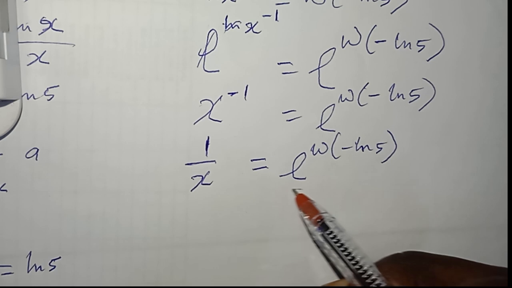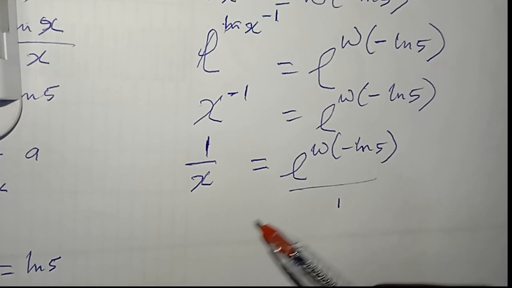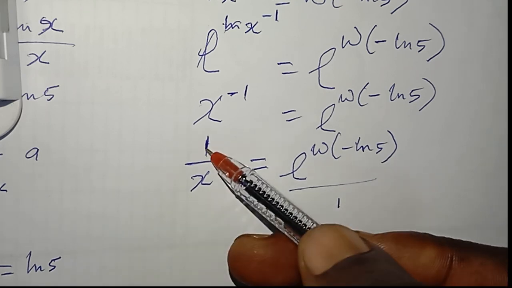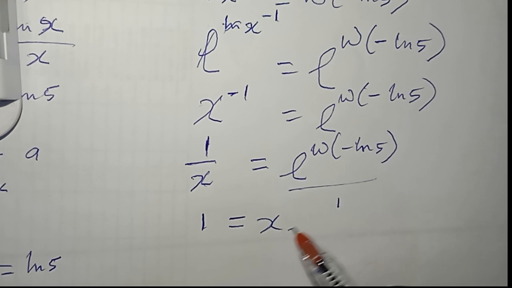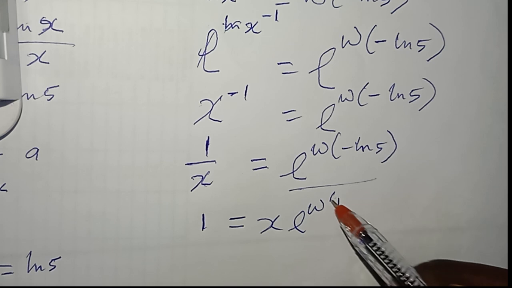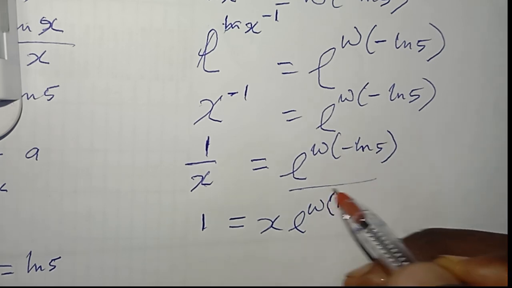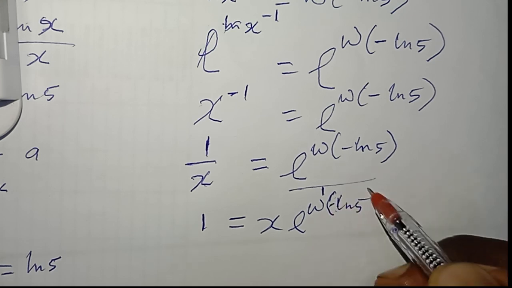Okay, of course this is also over 1. I have not changed anything, so that I can do cross multiplication. This 1 times this one right here is 1, and then that is equal to x times exponential Lambert W function of, let me write this one here, negative natural log of 5.